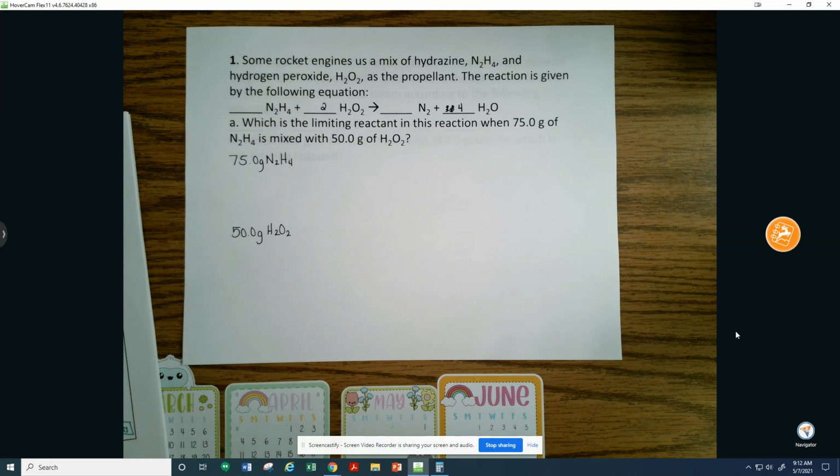Again, you'll get different numbers for your final answers depending on which of the two products you choose. However, you will come to the same conclusion in terms of which one we will run out of. When I set this up, I worked with water. So we are going to convert these both to grams of water to look at how much product each of these can make, so that we can make some conclusions.